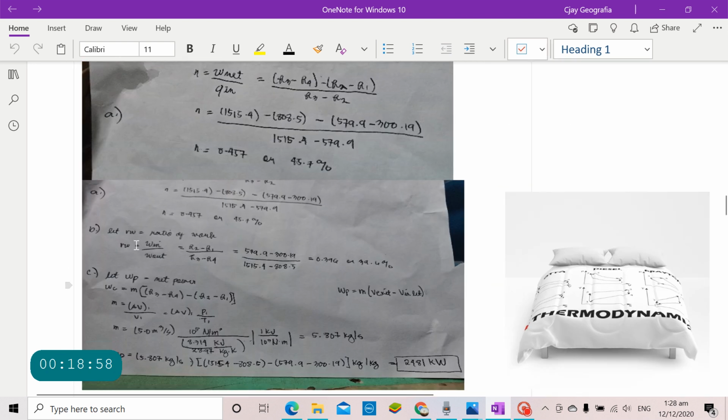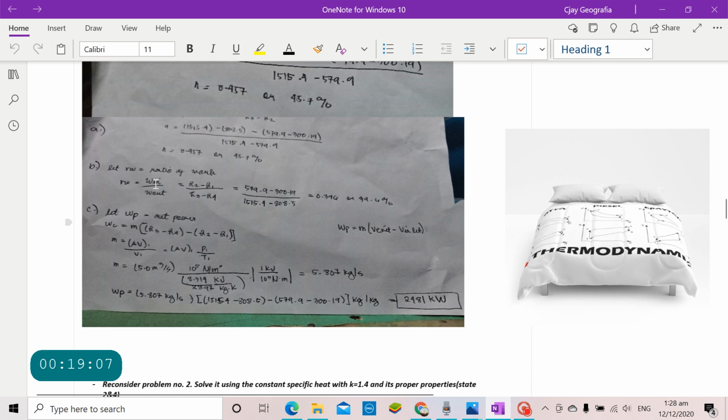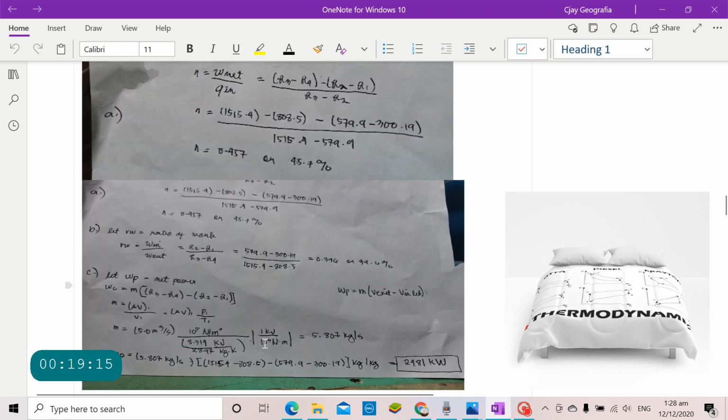For the next, the work ratio, you again use the formula work in over work out, so you can get 39.6. For letter C, you will use the net power in kW unit.